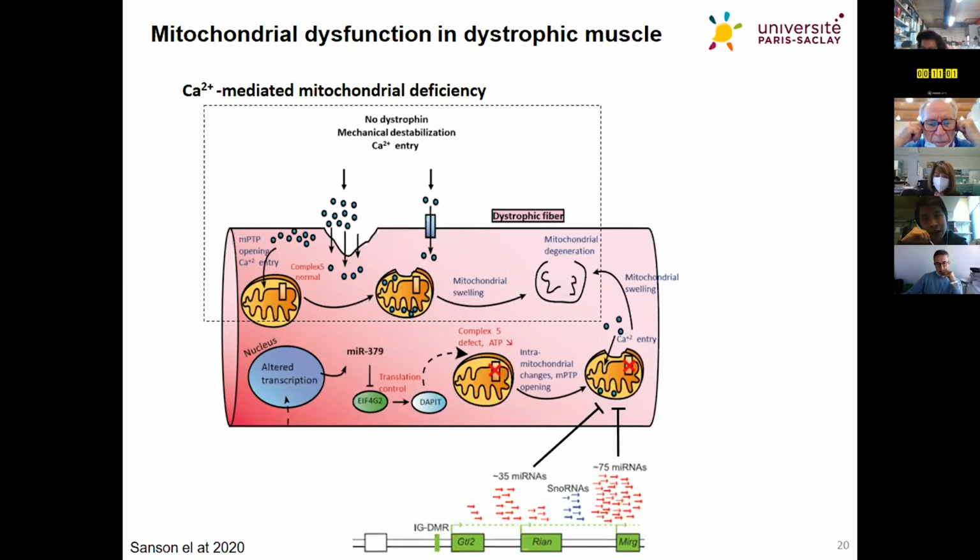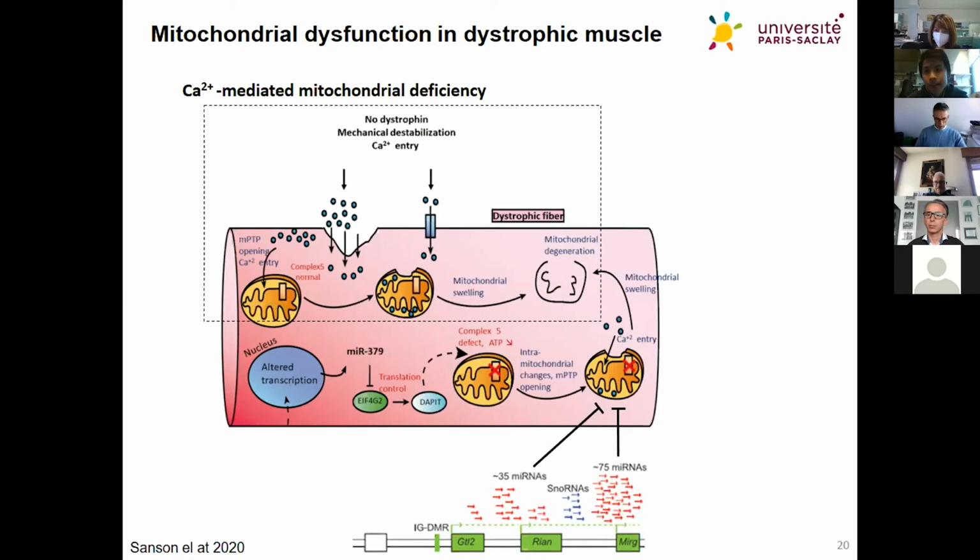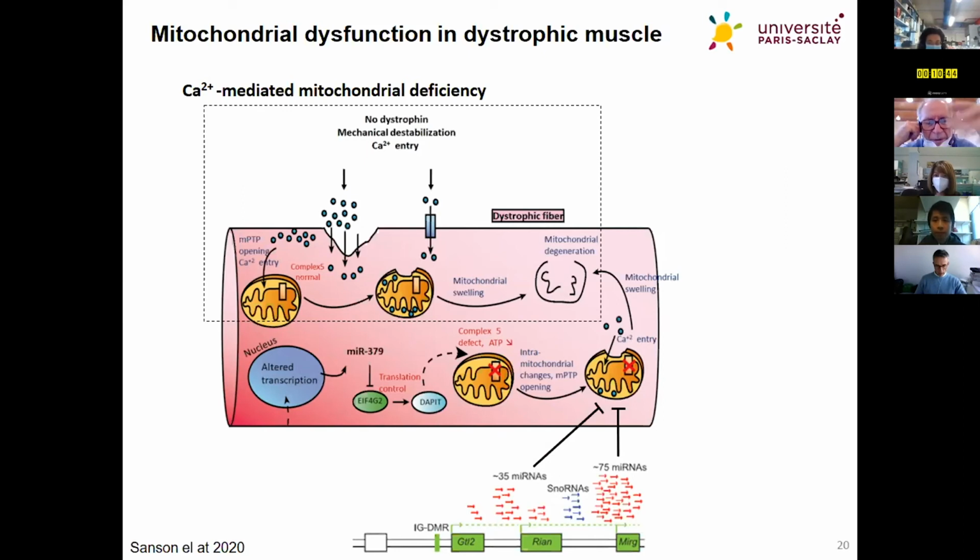That's what I'm trying to convince you and the audience of: that there is a common mechanism when there is nuclear altered transcription or the external factor of calcium entry. That I don't really know. At the end, they have the same general effect. They damage mitochondria, but they are just two different examples of mechanisms that damage mitochondria.